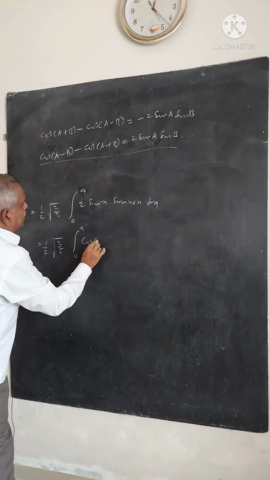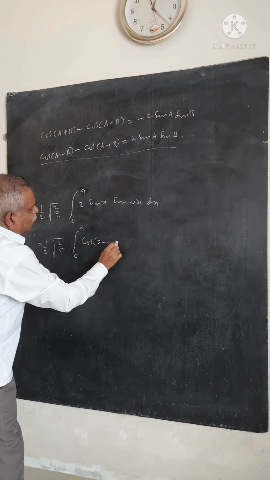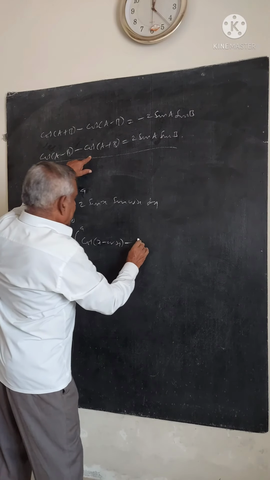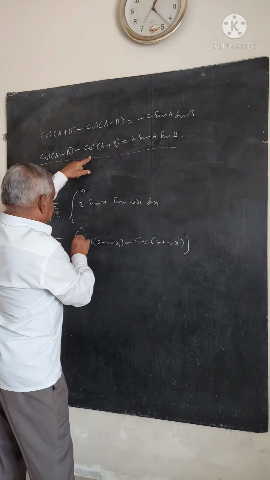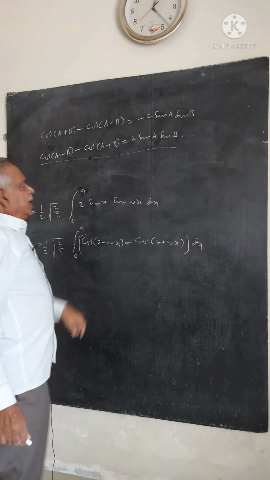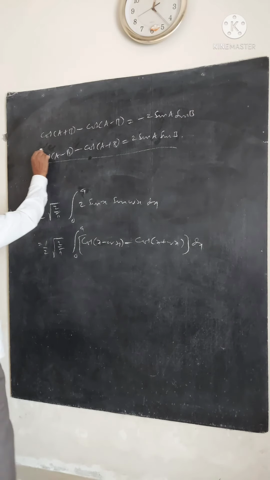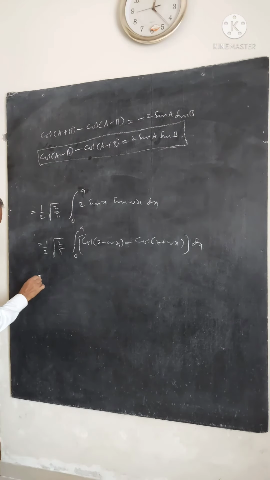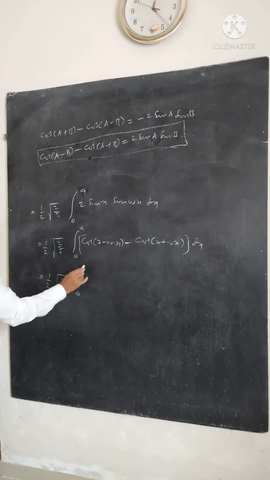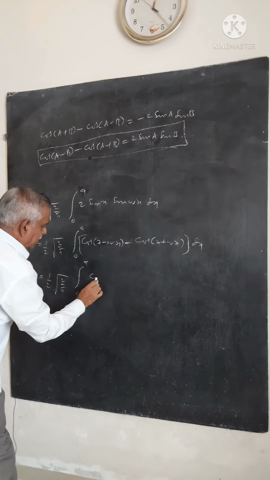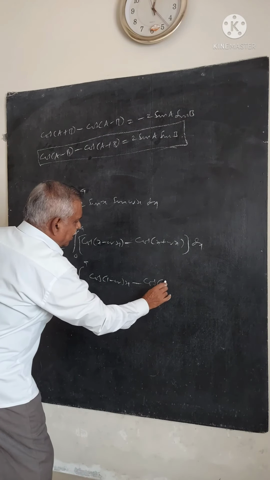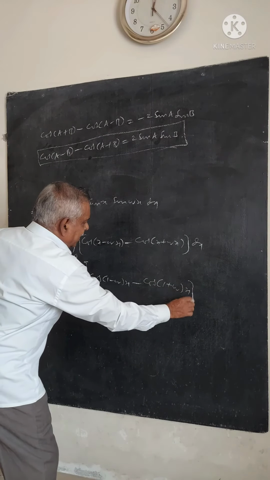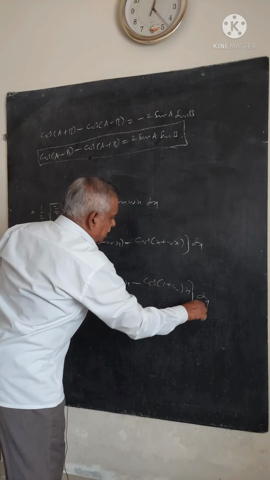Applying this step, 2 sin A sin B gives cos (x minus omega x) minus cos (x plus omega x) dx, equal to 1 by 2 root of 2 by pi, integral 0 to a of cos (1 minus omega) x minus cos (1 plus omega) x dx.